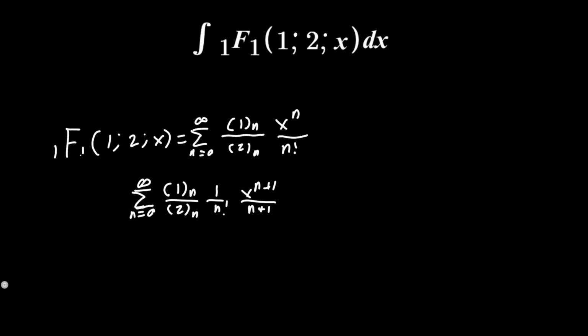What do we do? Well, let's just note that we have 1 sub n and 2 sub n, which is equal to 1 over n plus 1.